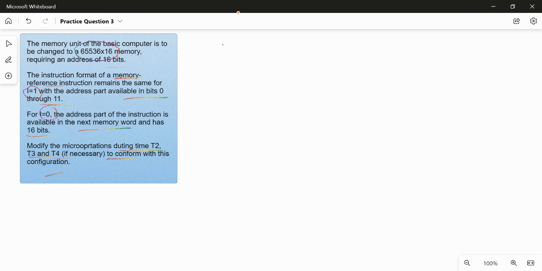So previously, the size of the memory you need for the basic computer was 4096 cross 16. As per this updation, the size is 65536 cross 16.